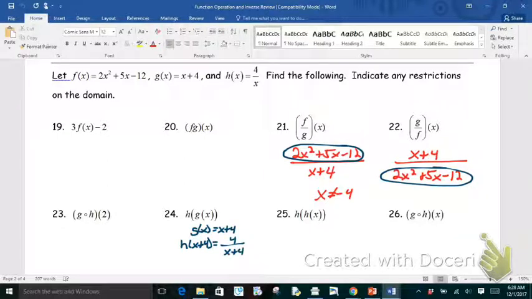This is not exactly the example that I was going for, but I feel like I've already made the point that I was going to make. The point is, even if our variable cancels out later on, if it shows up in the denominator at any given point, it is a restriction. Alright, that covers almost everything.